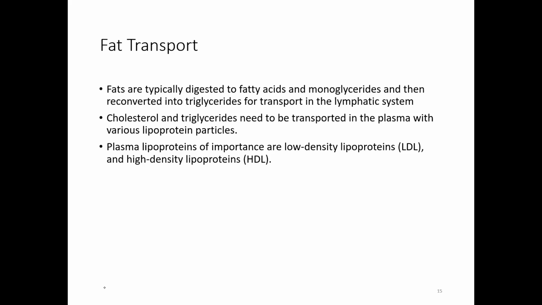Now, the upside and downside is that we have two types of lipoproteins that form here. A lipoprotein is a protein combined with the fat. Now, there's two types. There's the low-density lipoprotein and the high-density lipoprotein. The LDL, the low-density lipoprotein, is what we call the bad cholesterol.